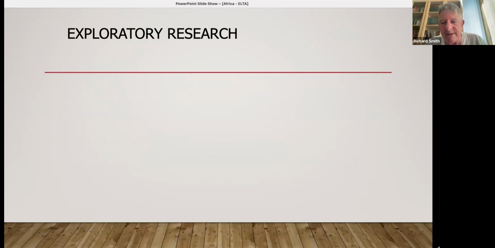I'm putting these together, first doing exploratory research and then doing action research. We get exploratory action research. I'm defining what I mean by exploratory action research, and I'm also going to explain why I think this is quite a good approach to teacher research.